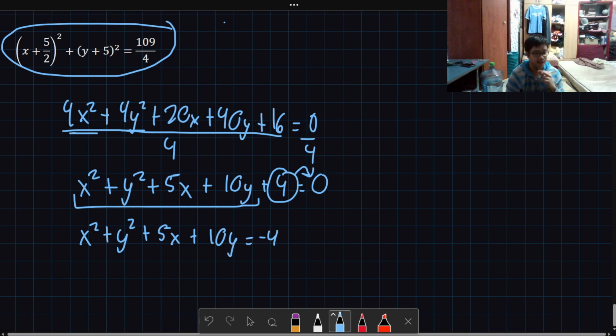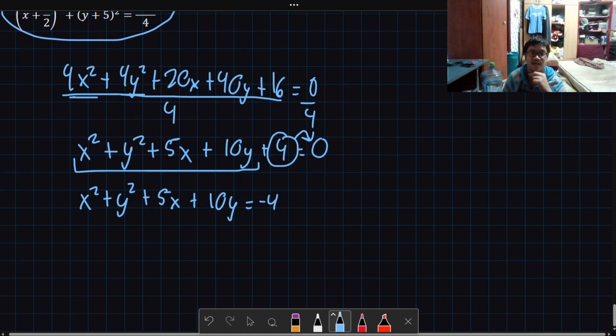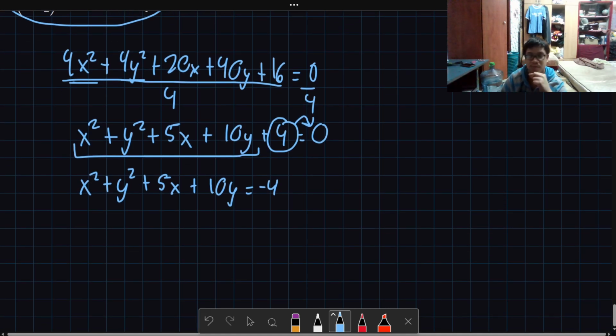Then on the left side, where all the terms that have variables are grouped together, we're going to group all the x's and y's. So let's group the x: we have x squared plus 5x. Then the y's: y squared plus 10y.